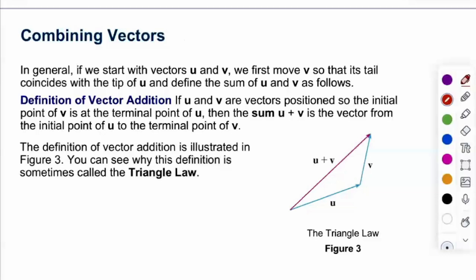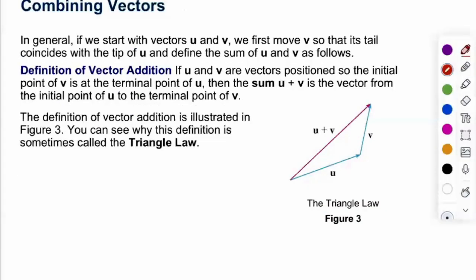So if you have a u vector and a v vector and you add them up, the sum starts from the initial point of the first one and points to the ending point of the second vector. You can see that these three form a triangle, so we call this kind of addition the triangle law.